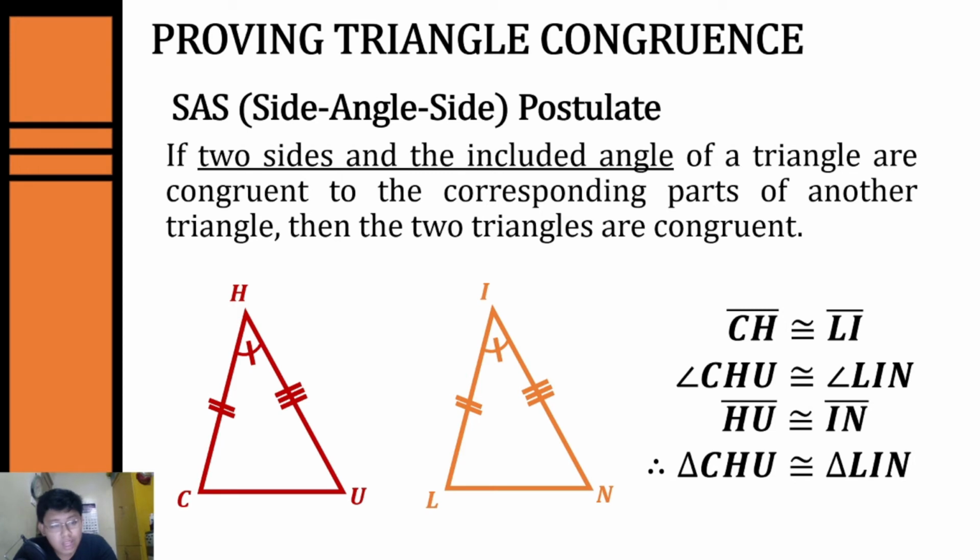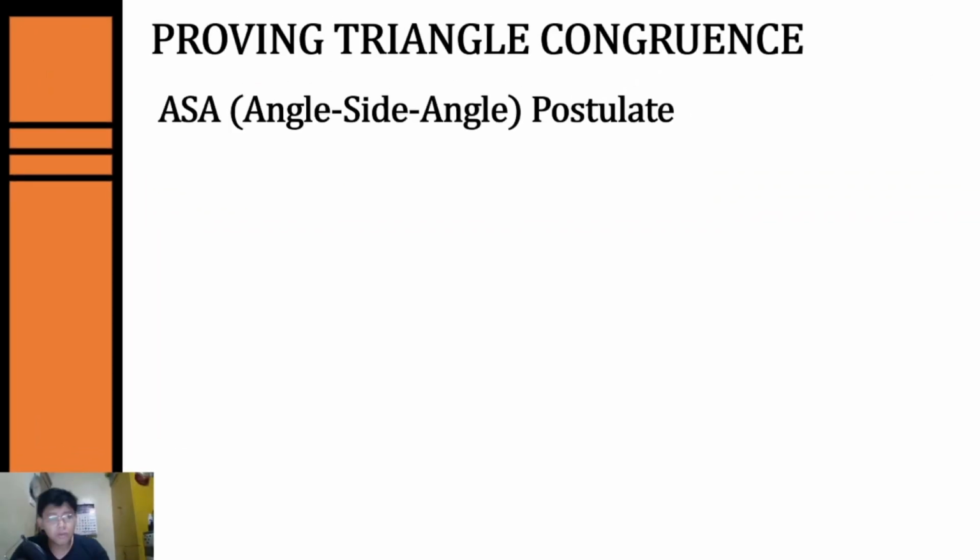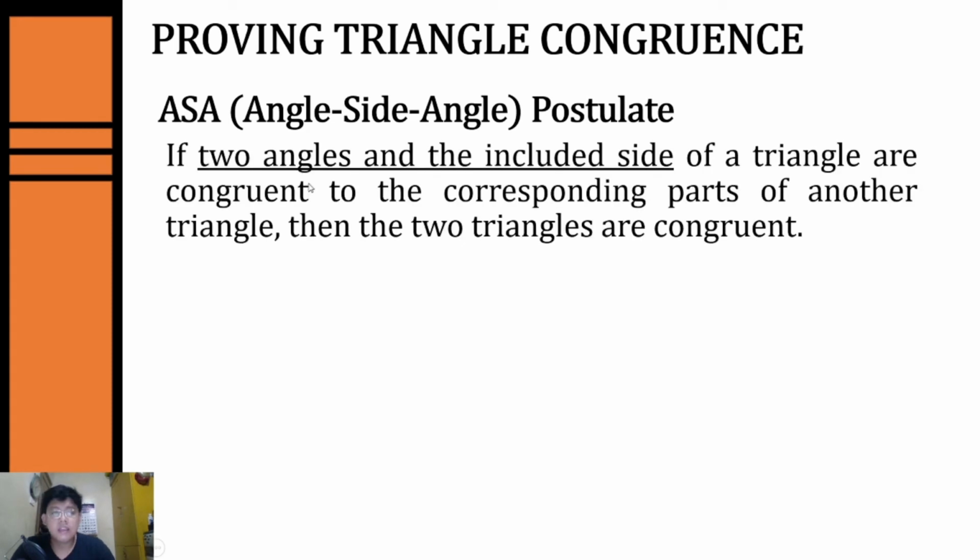Now, take note that this side-angle-side postulate will only work if we have two sides and one included angle. Let's talk about the next postulate, which is the angle-side-angle postulate. If two angles and the included side of a triangle are congruent to the corresponding parts of another triangle, then the two triangles are congruent.